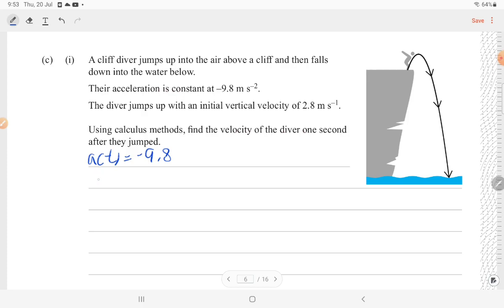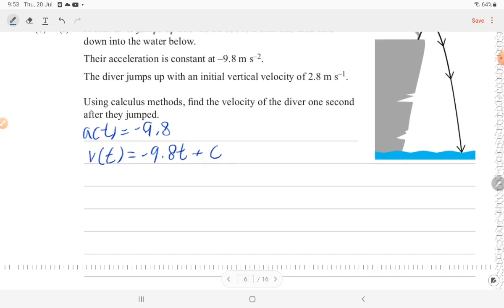Anti-differentiating is kind of doing the opposite of differentiating. So we have negative 9.8t, and when we're integrating or anti-differentiating, we add a c term, since there could have been a constant term somewhere.